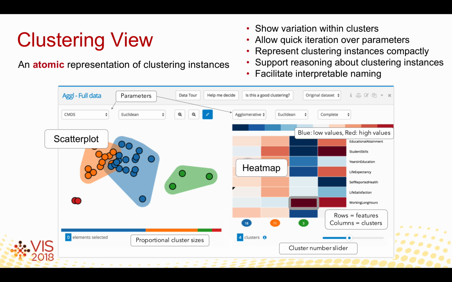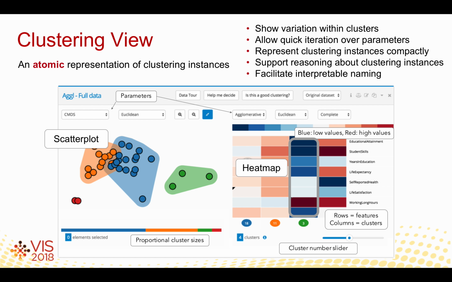If I pick, for instance, that cell, in our case red means high values and blue means low values. So I'm considering the feature working long hours for the green cluster. I see it's red, so working long hours for that particular cluster is going to be very high with respect to the other clusters. Then if I check a column vertically, I can describe the cluster.